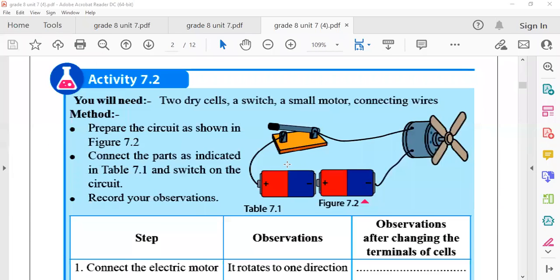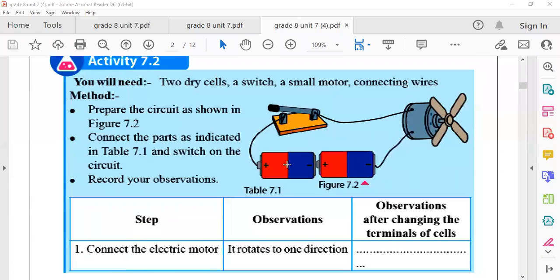Right. Now, this is another one, only one difference. You can see the switch, correct? You can see the dry cell. But instead of a bulb, what have they fixed here? A motor. An electric motor is there.